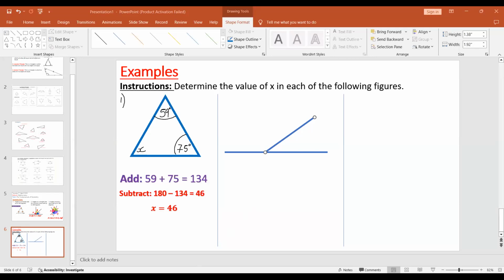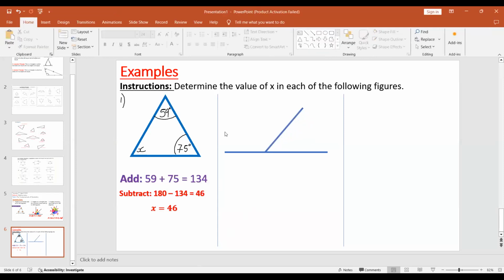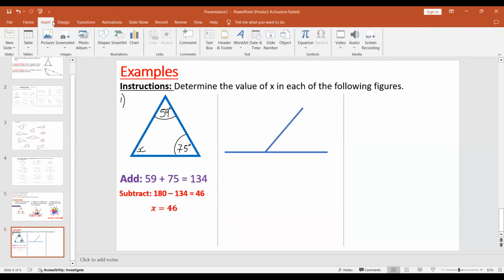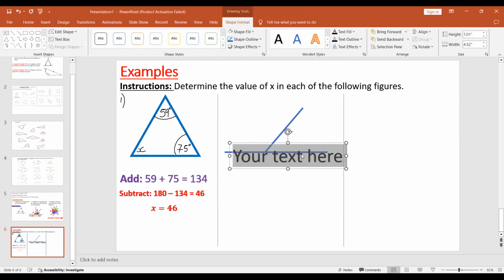For this one, let's say that we know this angle right here was 40, and this angle was 110 degrees.